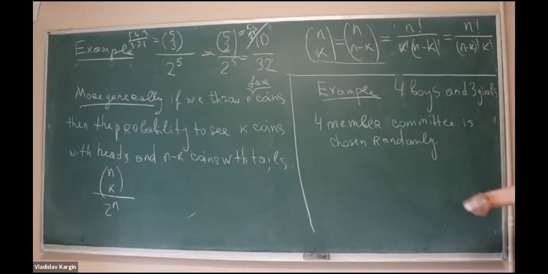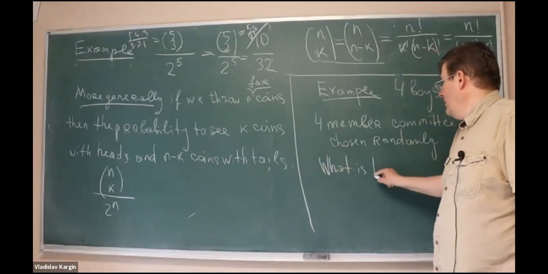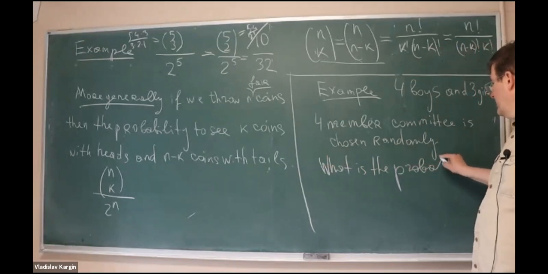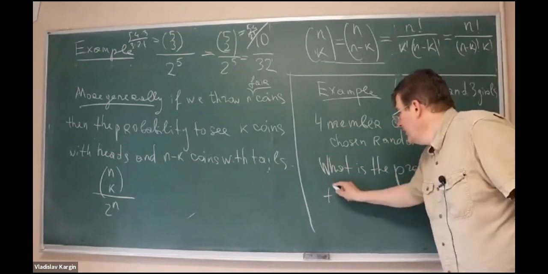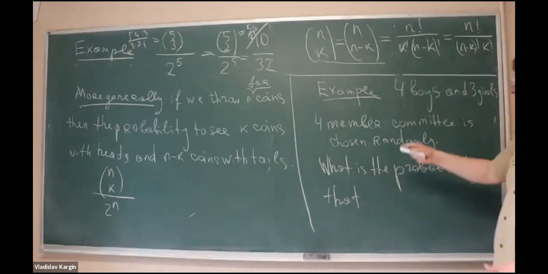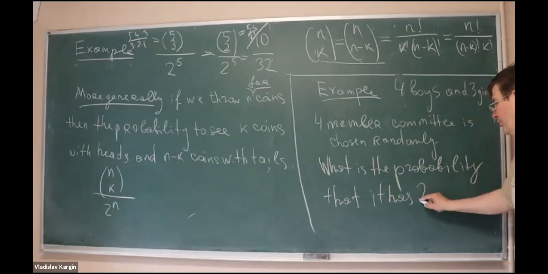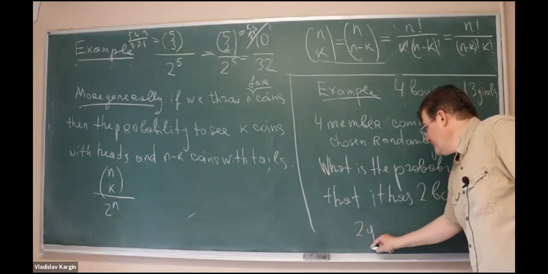Okay, so now the question is, what is the probability that this committee has 2 boys and 2 girls?